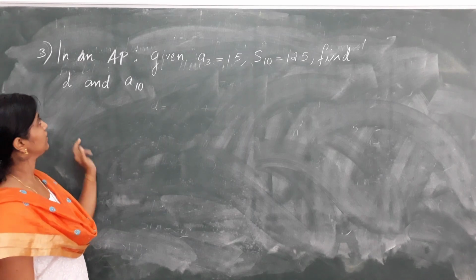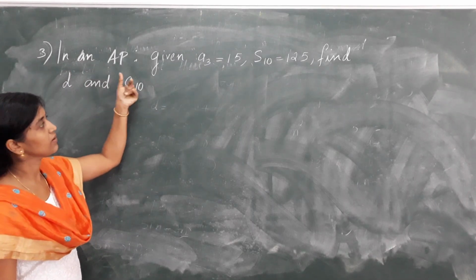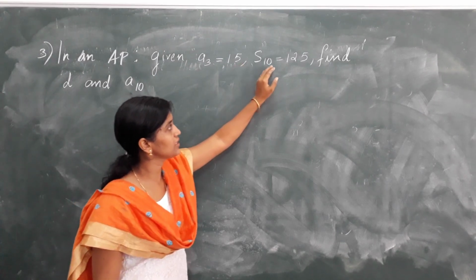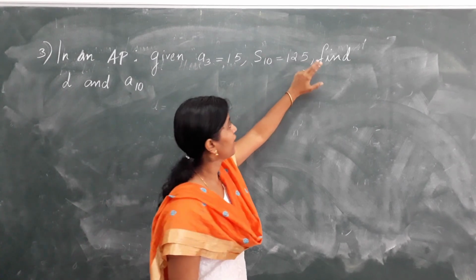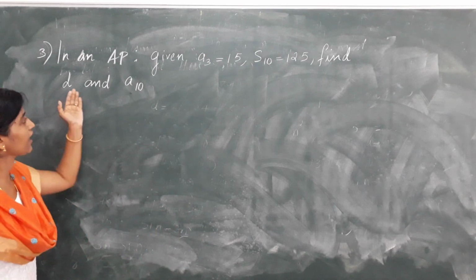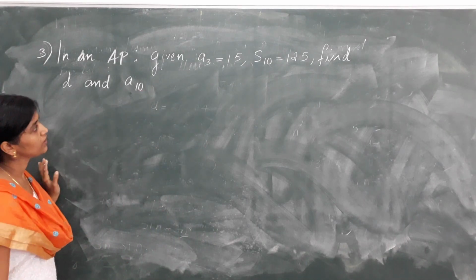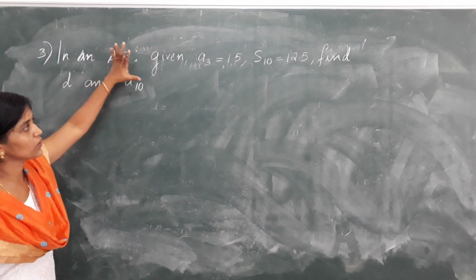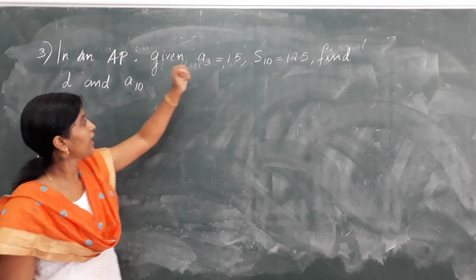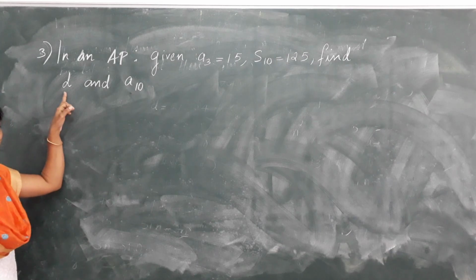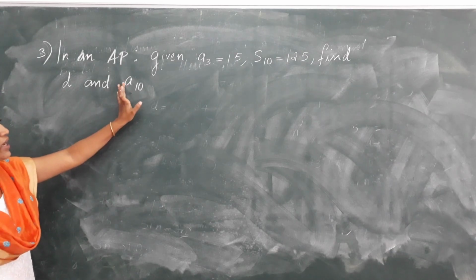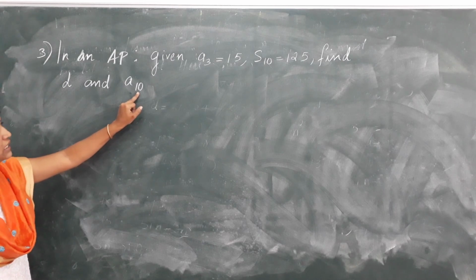Next question. In an AP given A3 is equal to 15, S10 is equal to 125, find D and A10. So in this question, let us see what conditions are given, and what we need to find. We need to find the common difference D, and also A10, the 10th term.